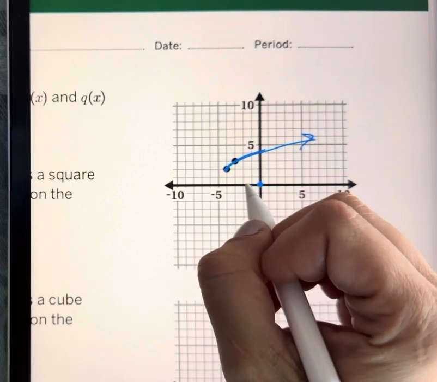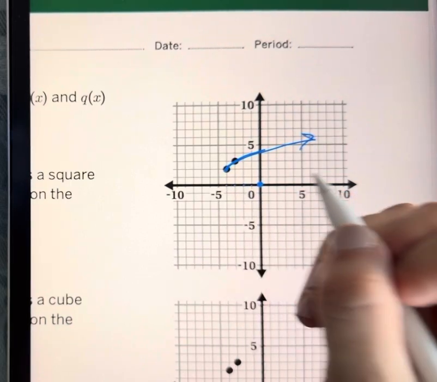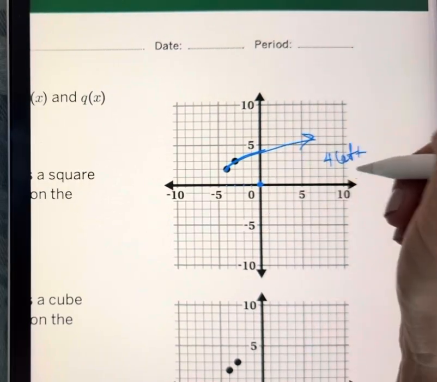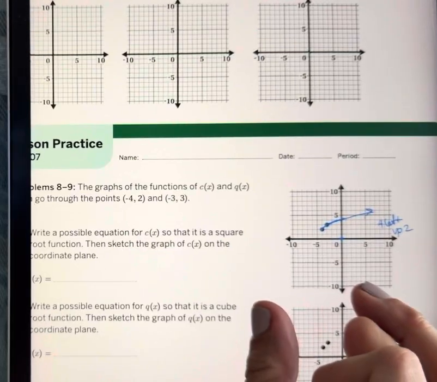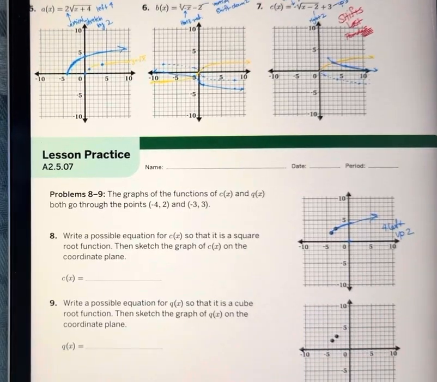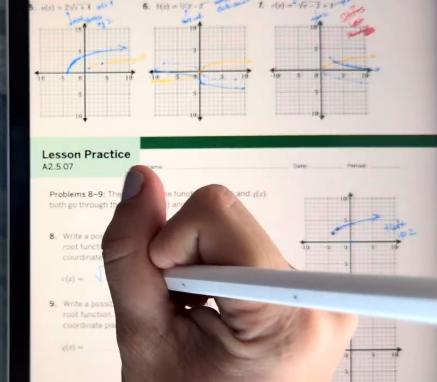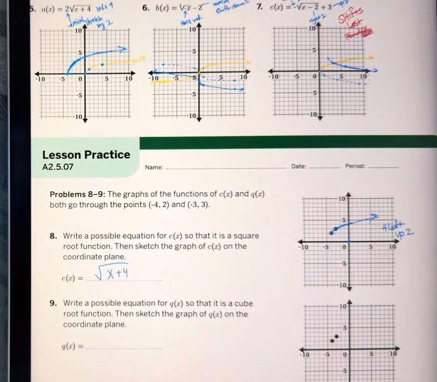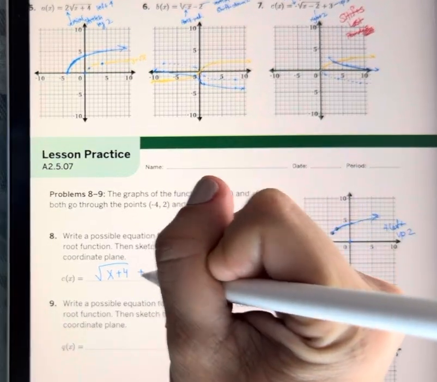It's gone 1, 2, 3, 4 to the left, and then up 2. So we have the square root of x, the 4 left is going to be a plus 4 with x, and the up 2 is going to be a plus 2.